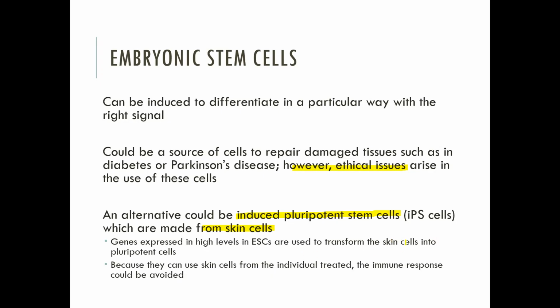And so you could take skin cells from an adult, turn back the clock, and with the right chemical signaling, take them back to an undifferentiated cell, and then turn them into whatever you wanted them to be. Now, the good news is that immune response would be avoided because it came from that person, but also you're not using the embryonic stem cells, which are controversial. So I would imagine in a lot of our studies today, they're using these induced pluripotent stem cells.